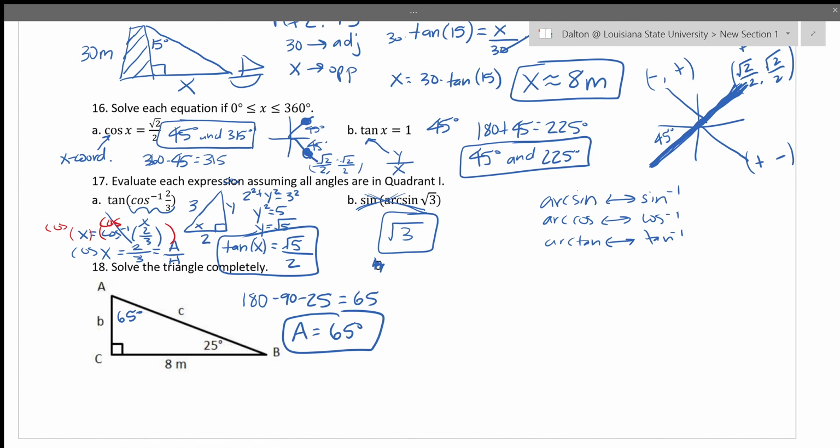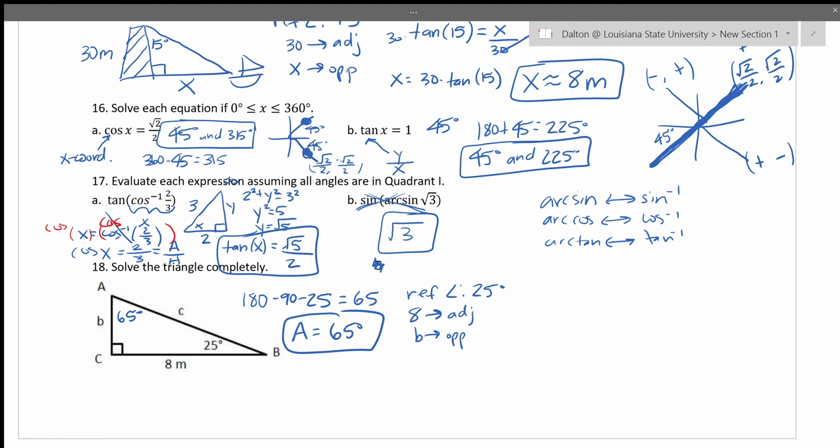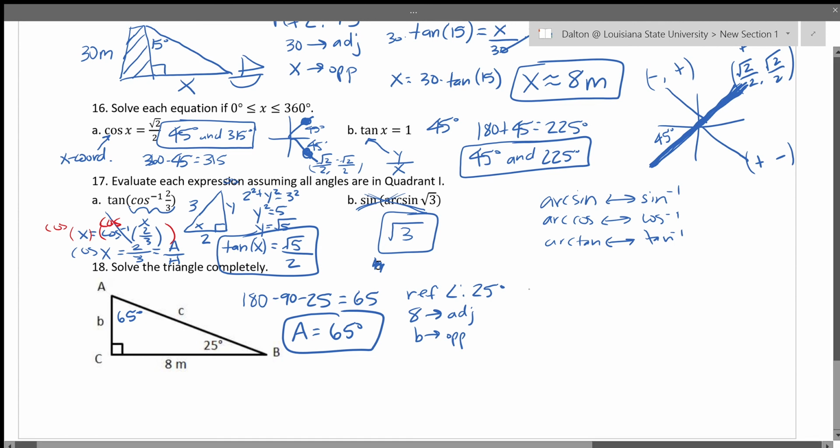I'm just going to do what comes to my brain first, which is if I choose a reference angle of 25 degrees, and from 25 I say, okay, I have 8, and I know 8 is adjacent, and I want to solve for B, which is opposite, then if I look at SOHCAHTOA, I can use the tangent to solve. So the tangent of 25 is equal to opposite over adjacent, so that's B over 8.